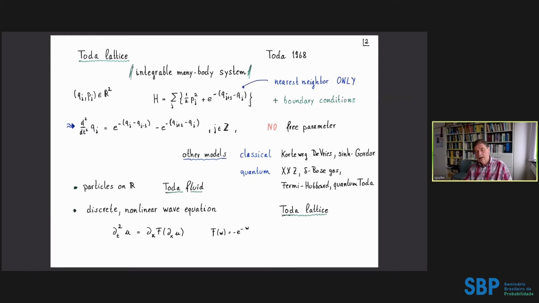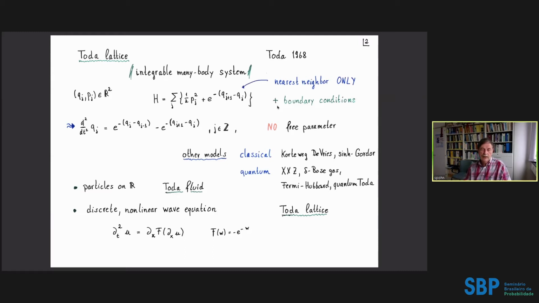So the q_j are positions and p_j momenta. They are completely arbitrary, there's no constraint on them, but the interaction is only between particles with neighboring labels. Here I've written a sum, which you have to specify. And of course, there will be boundary conditions, but that's going to come.